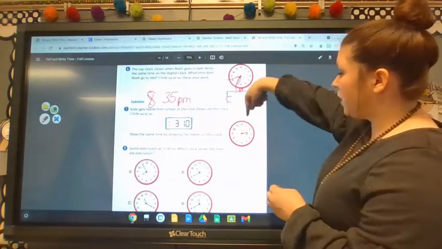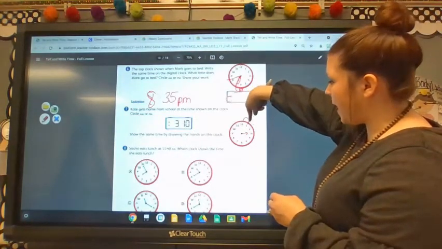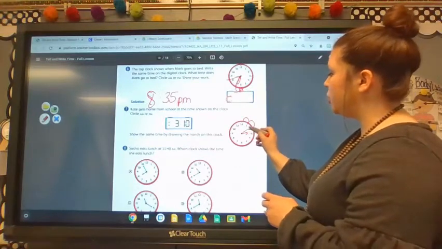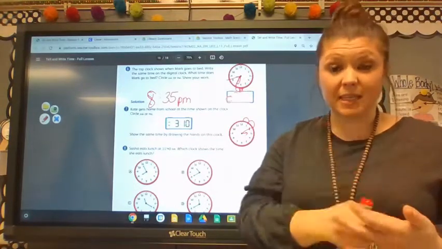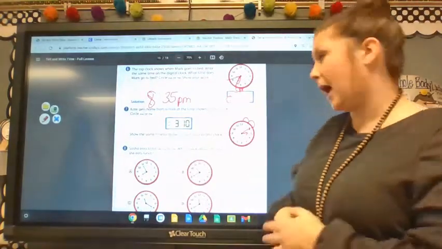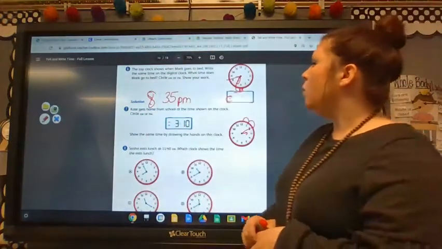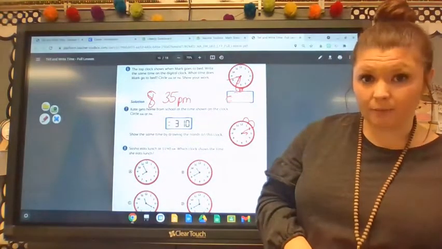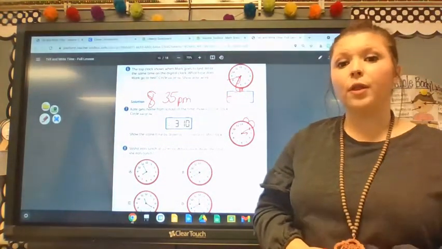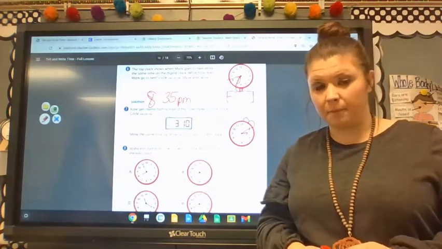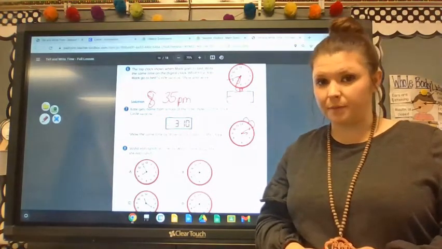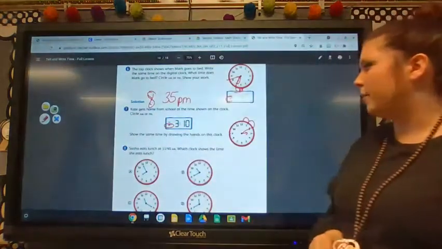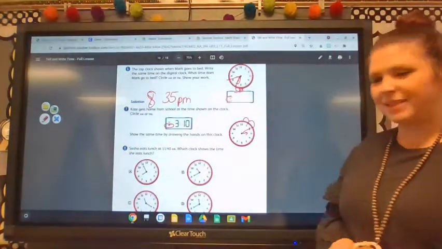So if we start at 12 and we count by 5s, 5, 10, our minute hand will point at the 2 because that represents 10 minutes past the hour. So will Kate get home from school at 3:10 a.m. in the morning or 3:10 p.m. afternoon? Yes, 3:10 p.m. afternoon. Great job, guys.